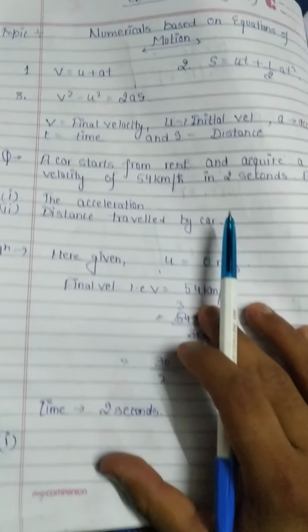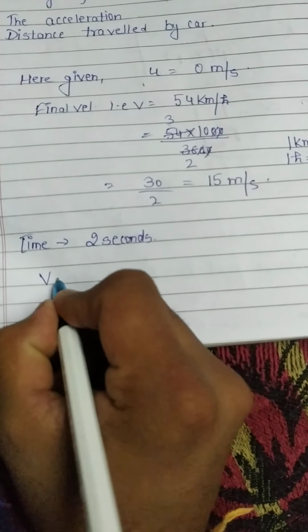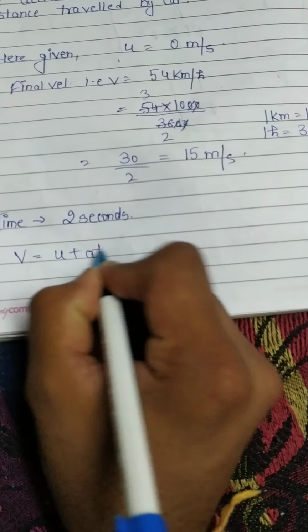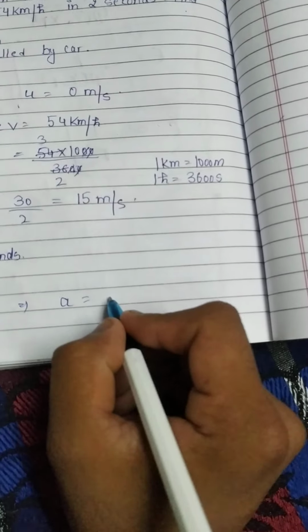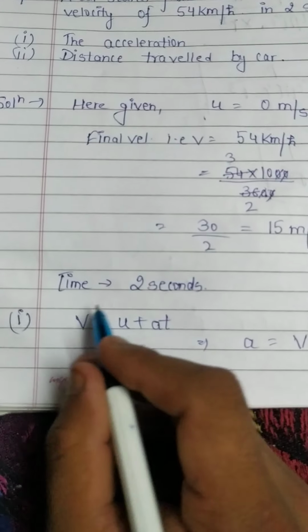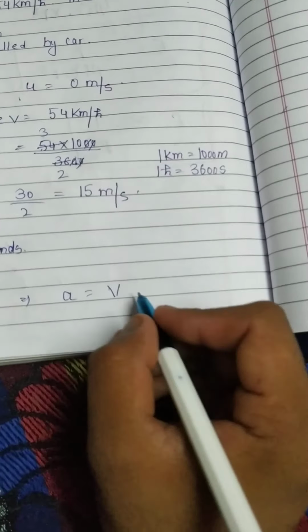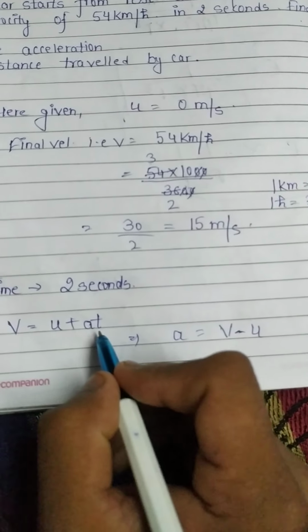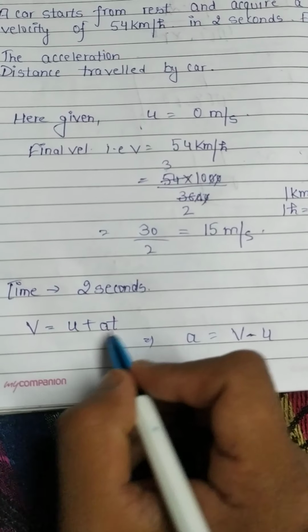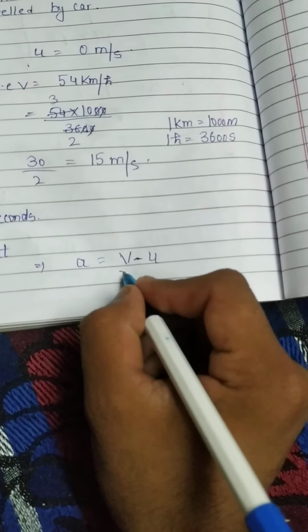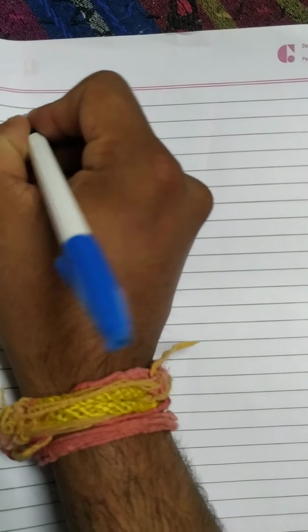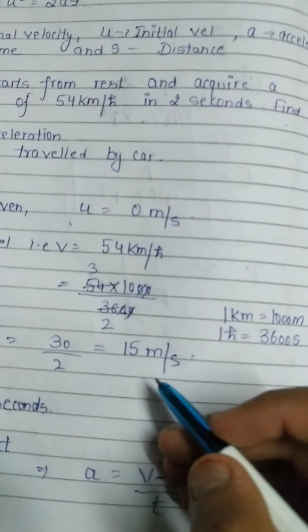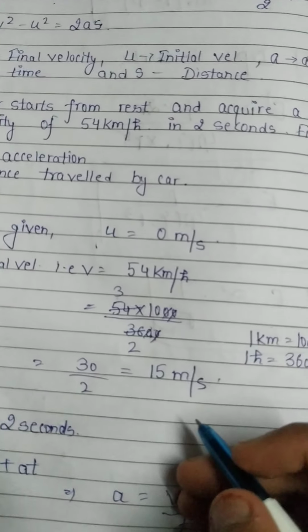So by using the first equation of motion, that is v equals u plus at, we can write a equals v, now this plus u, when it goes to the other side it becomes minus u, and here a and t are multiplying each other, so when t goes to the other side it will divide. So acceleration will be a equals v minus u over t. So we can write a equals, here v we have converted into its basic units, meter per second.